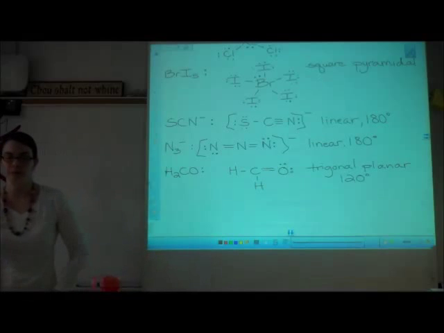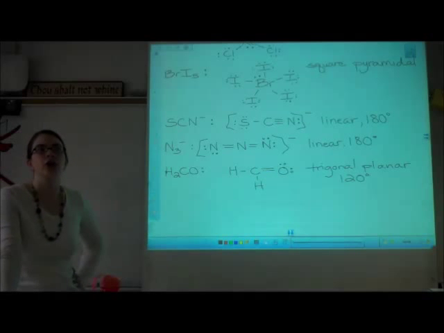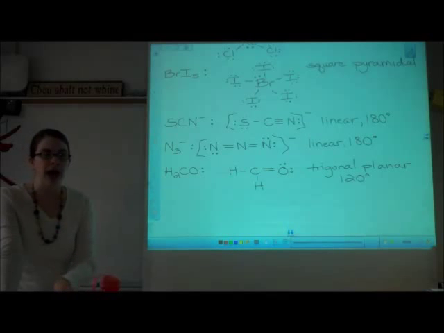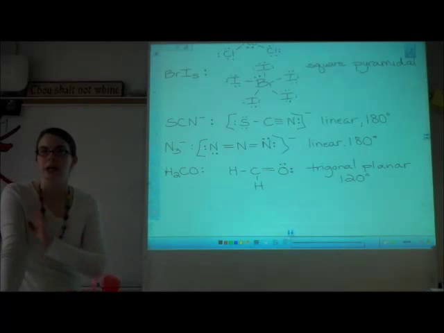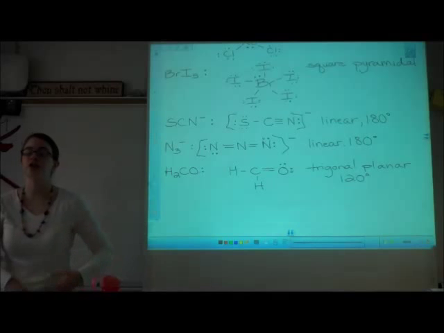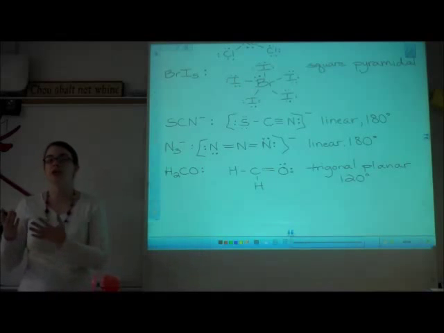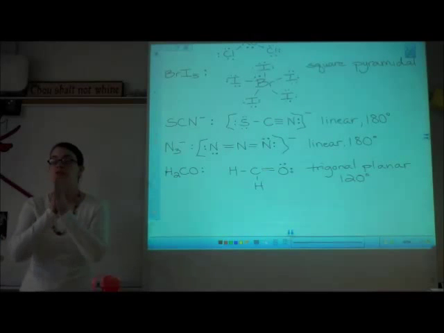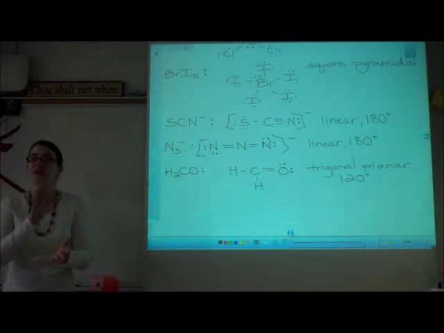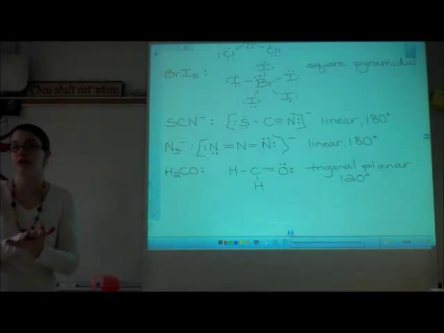For example, part of the flowchart said something like, if the central atom has lone pairs on it, it's automatically polar. That doesn't work anymore. There is no flowchart, guys. There's no way to figure it out. You have to be able to visualize the shape and ask yourself, is it symmetrical in 3 dimensions or not?